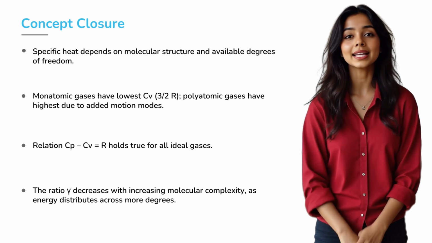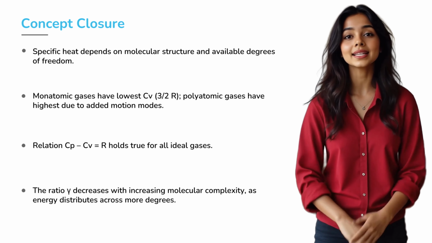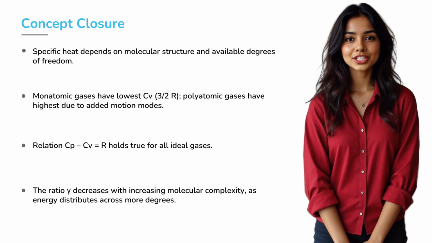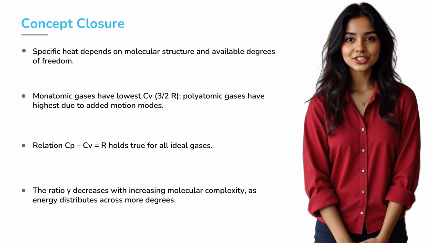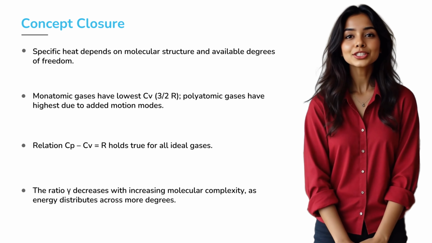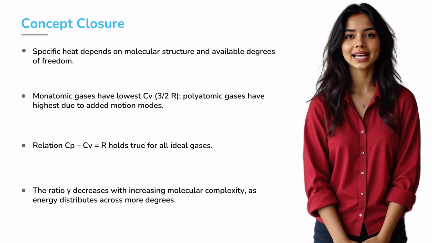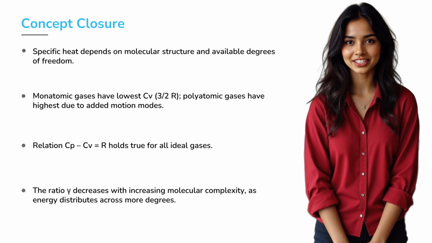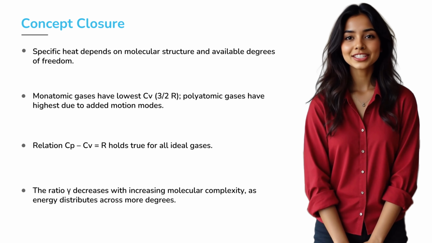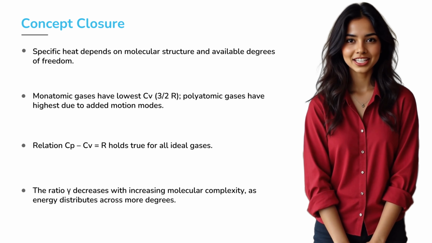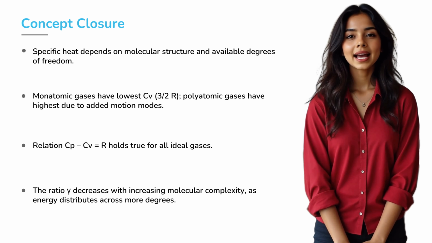And remember, as molecules get more complex, gamma, the Cp to Cv ratio, drops because energy spreads out across more degrees of freedom. So next time you feel hot air from a heater and cool air from a can of compressed gas, remember, it's the same principle of energy sharing and molecular motion in action.